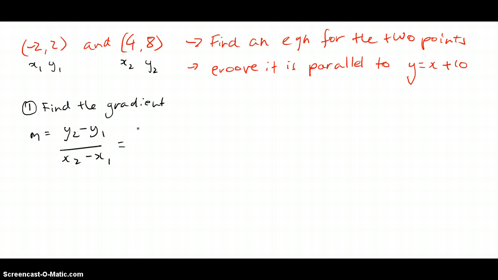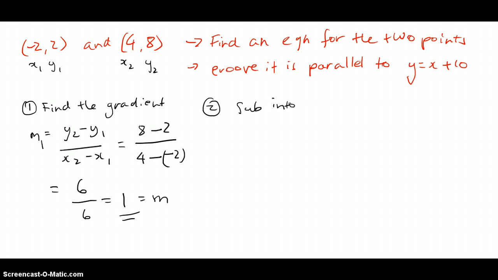And so in this case, y2 is 8 minus y1 is 2 over 4 minus x1 is minus 2, so don't forget to put the minus 2 minus 2. And so this is the same as saying 6 over 6, which is equal to 1. So in this case, we know that the gradient for these 2 points is equal to 1, so m equals 1.